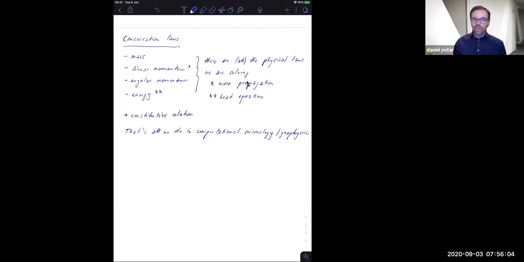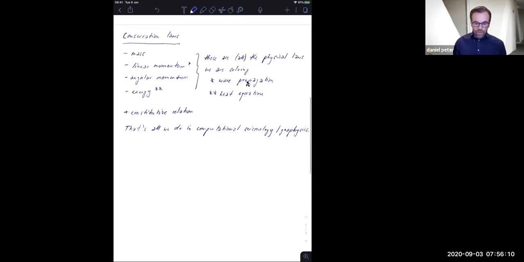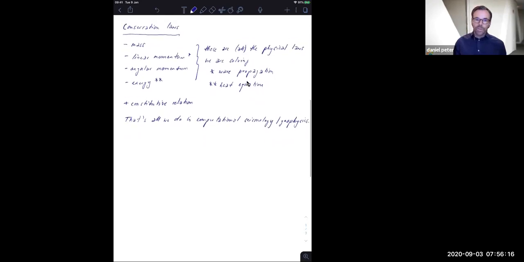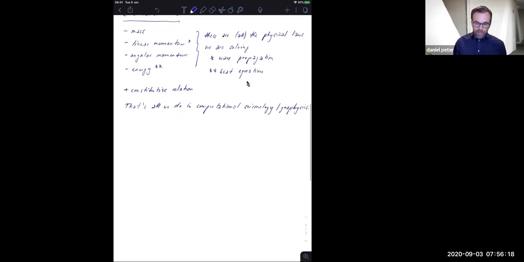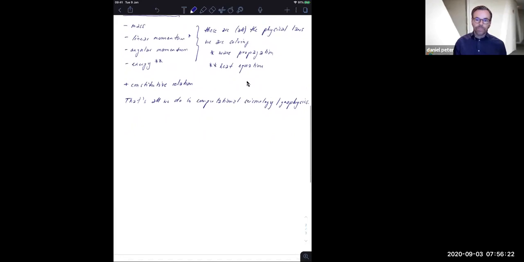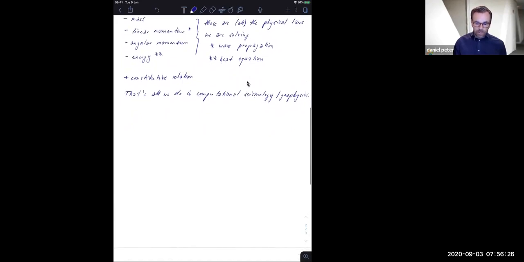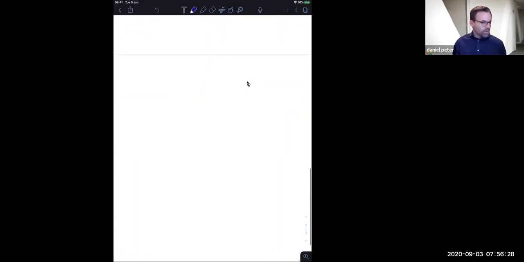But for us, these 4 cover everything. So it's really the basics we're going to start from. Those are the basic assumptions, that these quantities are conserved. Good. So let's start with conservation of mass.